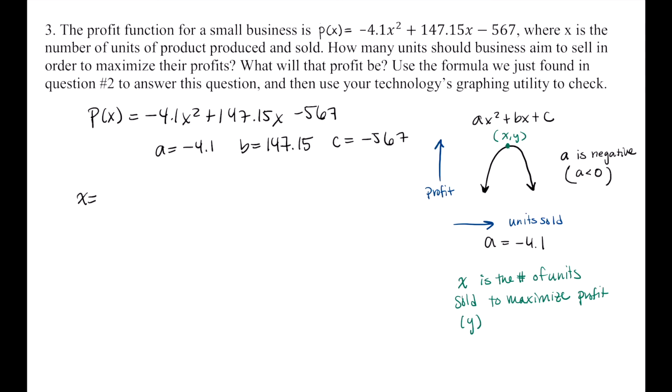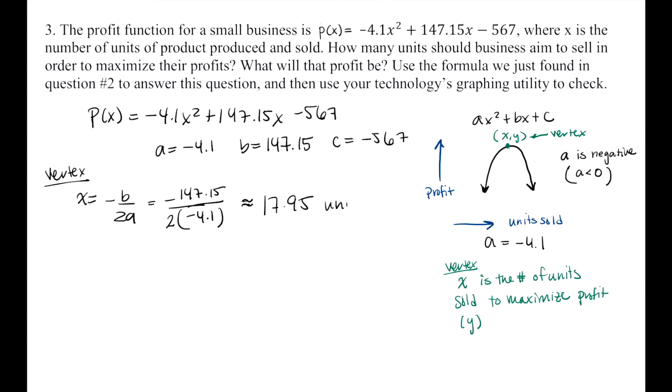Now x in this case is negative b over 2a, and that's the x value of the vertex, which we're looking for here. So this becomes negative 147.15 divided by negative 4.1, and of course I have to multiply by 2. And using a calculator, this will simplify to about, and I'm rounding, 17.95 units sold.